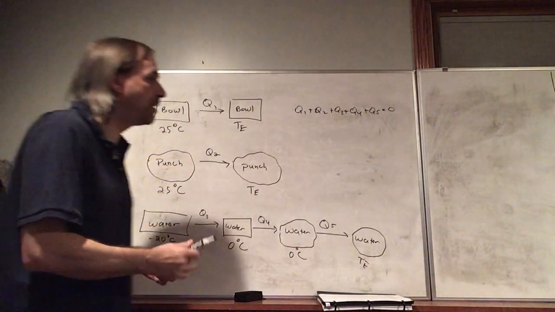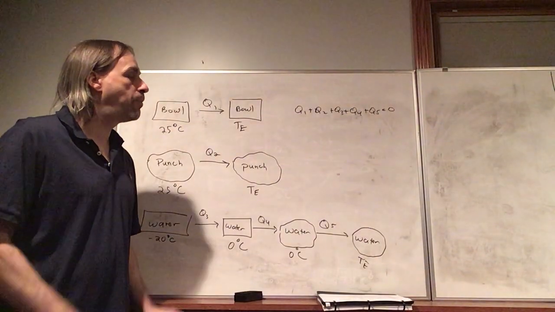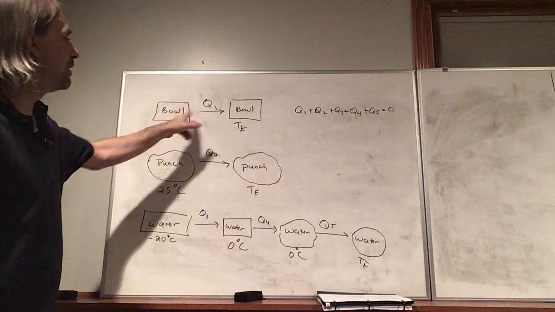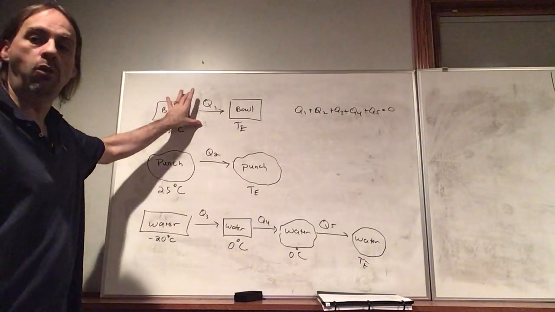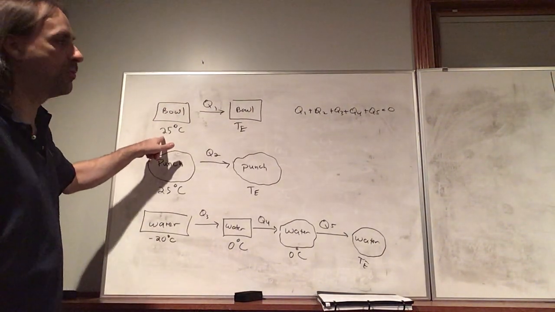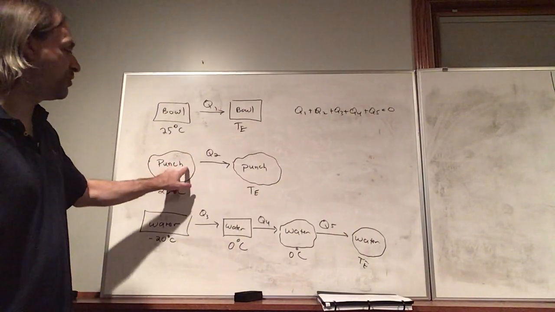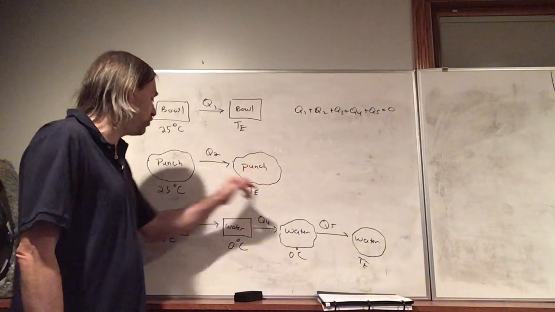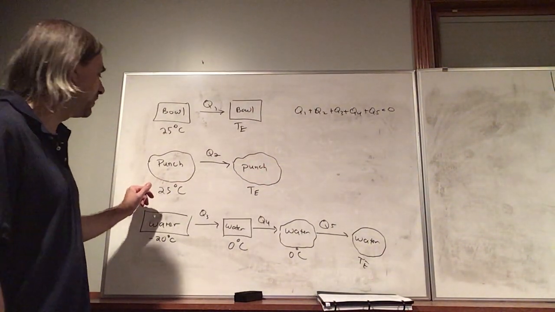So again, I'm not going to write down any more on this, but we'll talk about each of these terms. Q1 is a temperature change, where we'd have the specific heat of the bowl, which was given, times the mass of the bowl times TE minus 25. Q2 is a temperature change. This is basically water, so 4186 times the mass of the punch times the temperature change, TE minus 25.